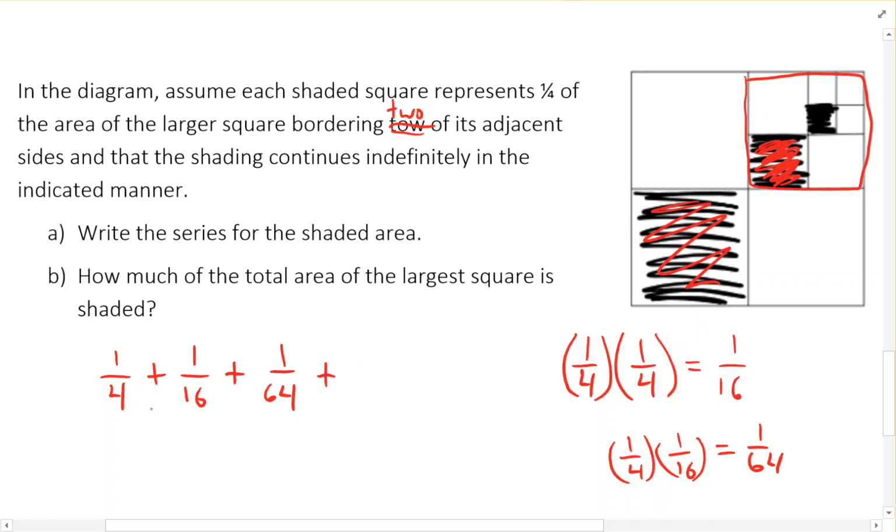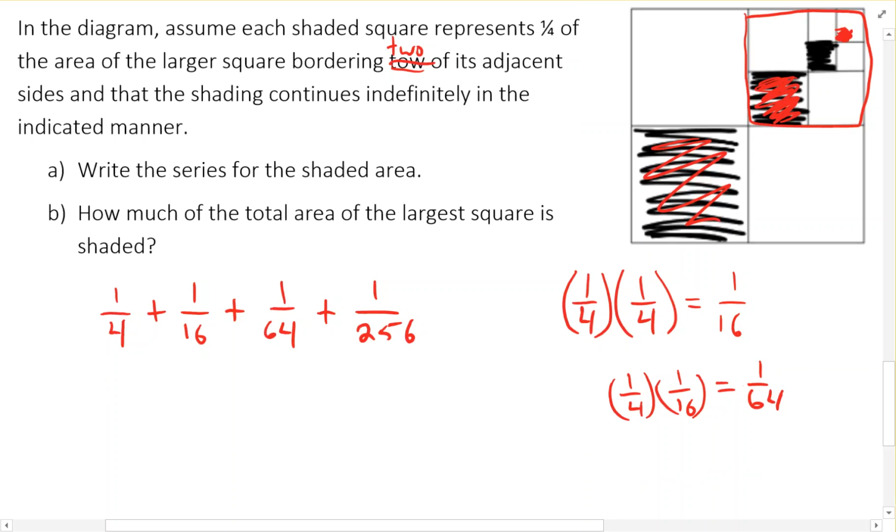Plus, and now you can see I'm really just multiplying the denominator by 4 every time. So 1 over 256. So really small numbers that we're getting here, right? We're going to be converging at some point because the next one would be there, and then it keeps on going smaller and smaller and smaller. Okay, so go plus dot dot dot.